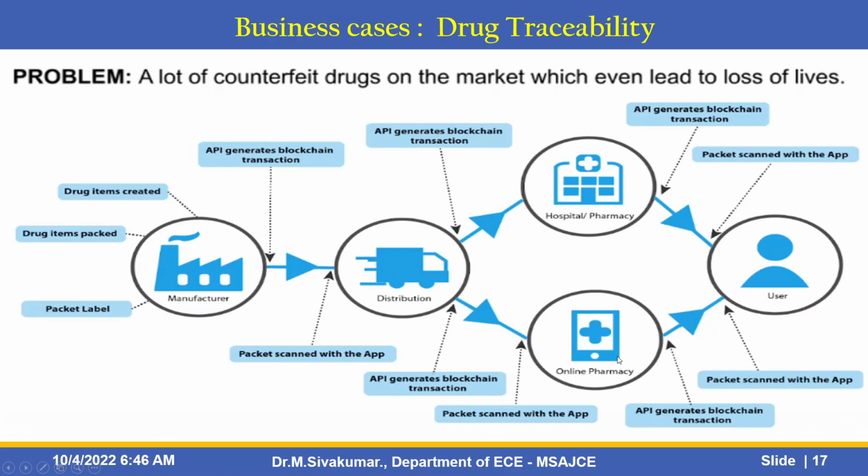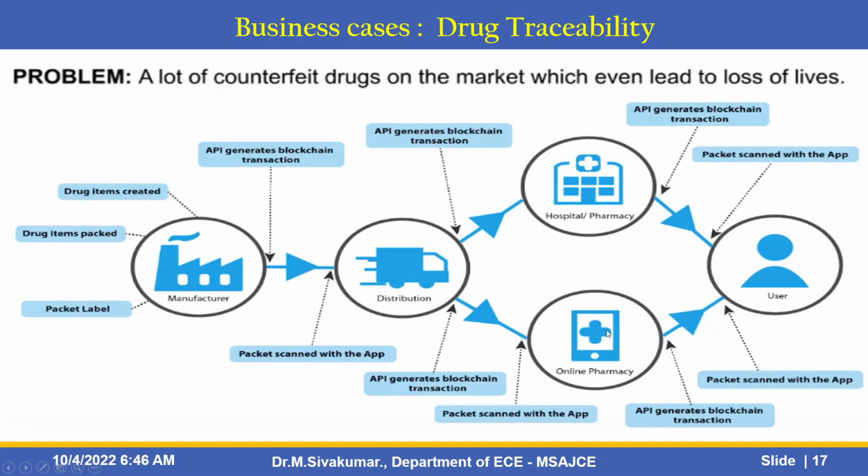These are virtual and physical. Here also the packet is scanned with the app and the API generates blockchain transactions. Here also the user can access via hospital, pharmacy and online pharmacy.